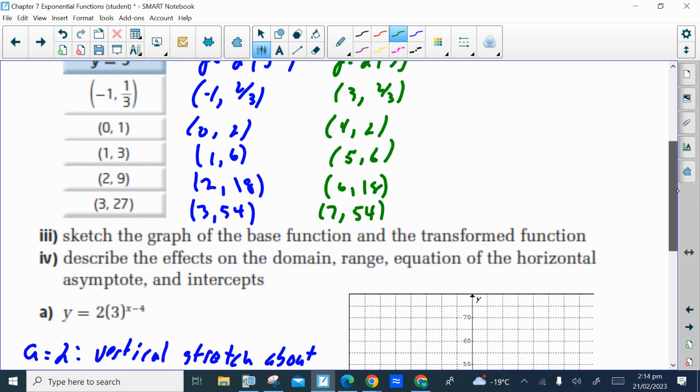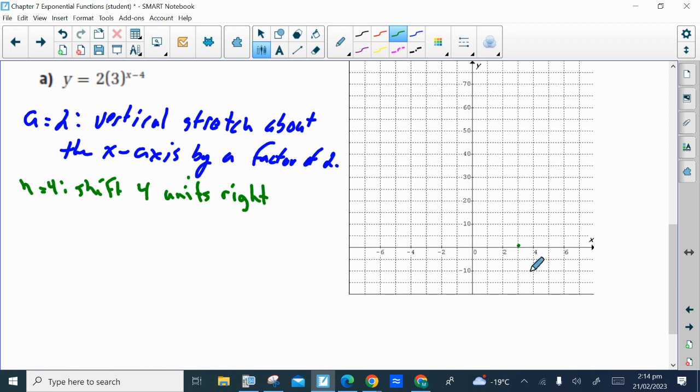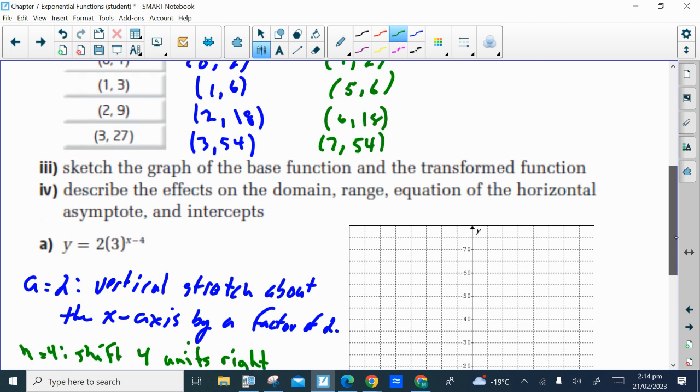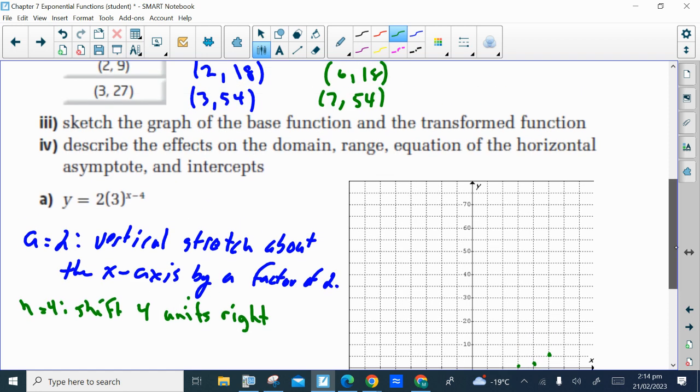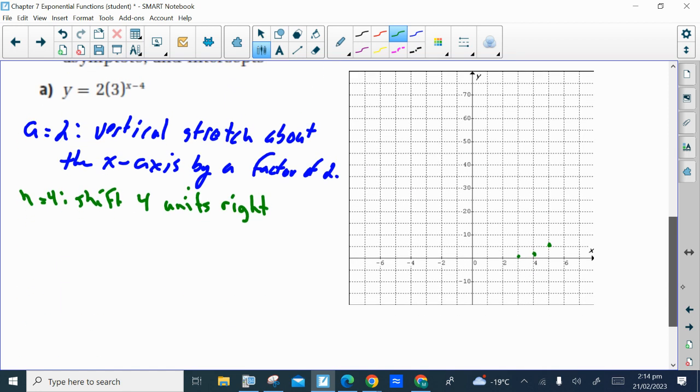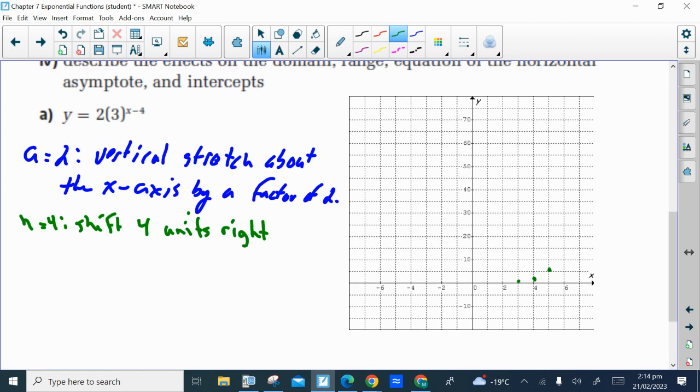We've got the point (4, 2), a little bit higher, (5, 6), and (7, 54). So 54 will be about right there.